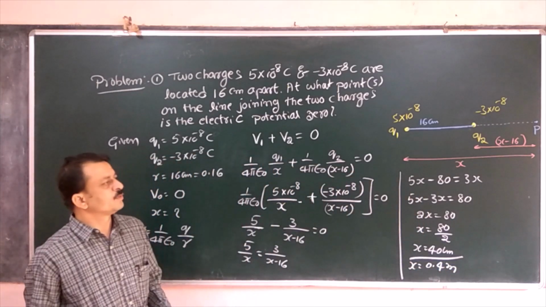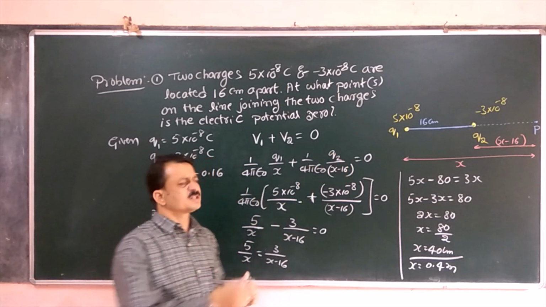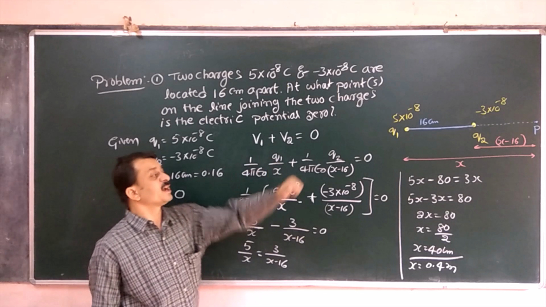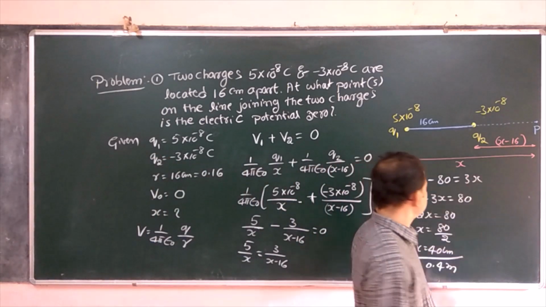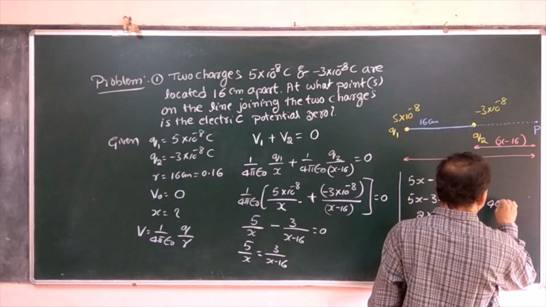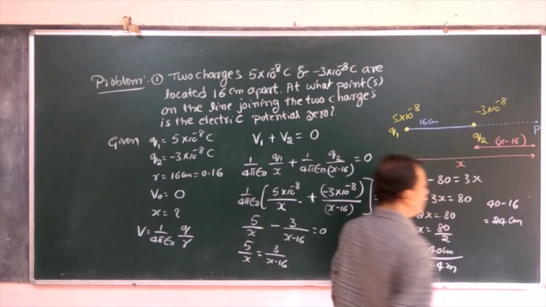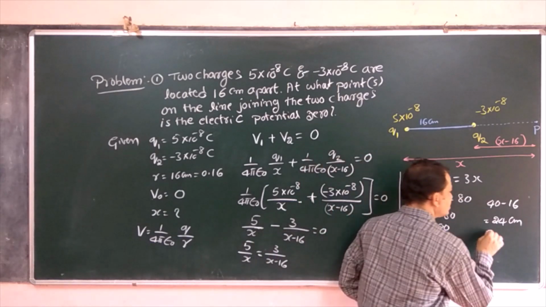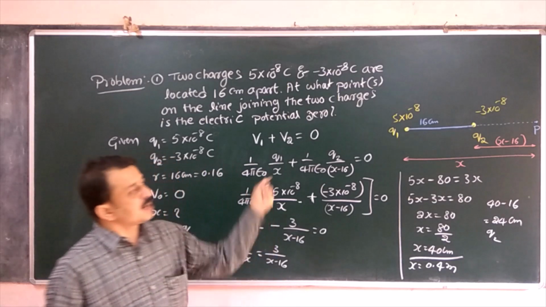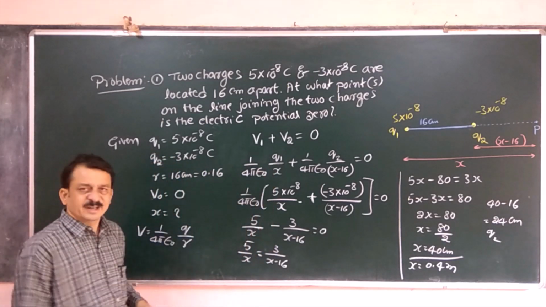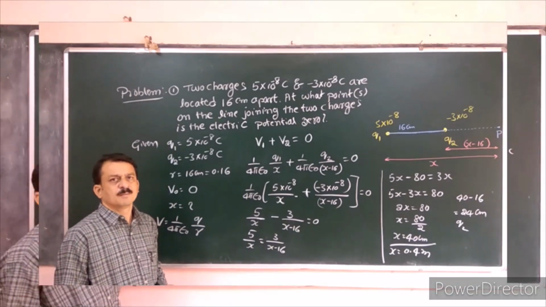Then if the question is changed slightly to ask at what distance from the negative charge, we do 40 minus 16, that is equal to 24 centimeter from the second charge. 24 centimeter from the negative charge, on that side. So you must work it out saying that the potential is 0 at that point.